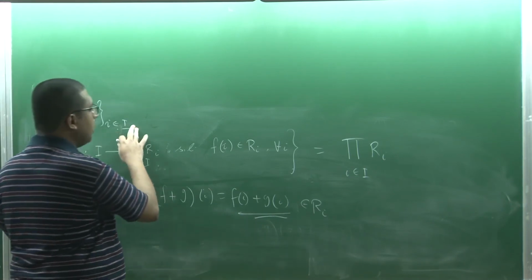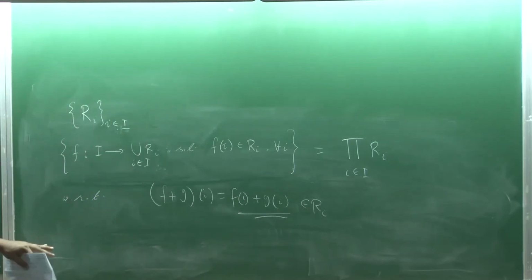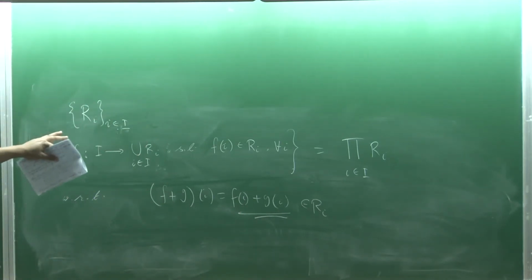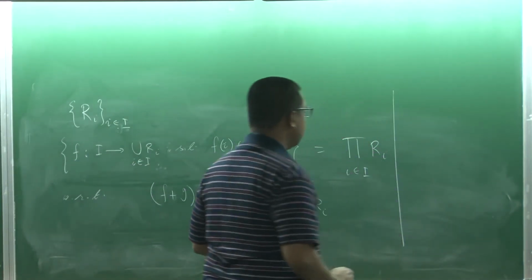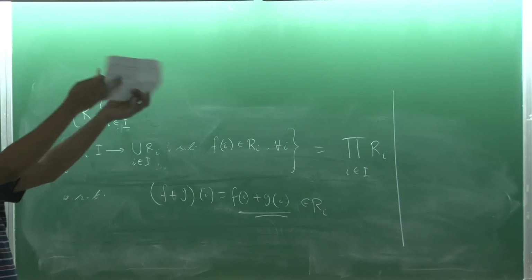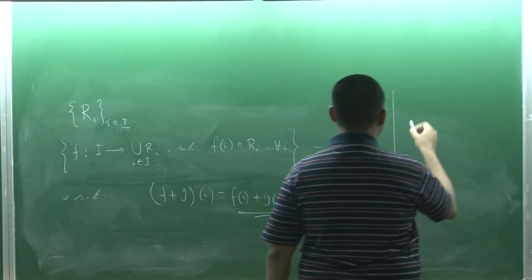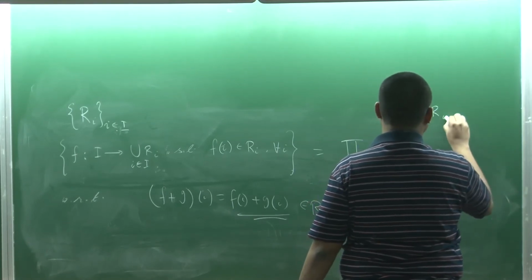So given this family of rings, that is the Cartesian product together with these operations is called the product ring, the product of this family, okay. So given any family of rings, from that we can construct a bigger ring, namely its product.